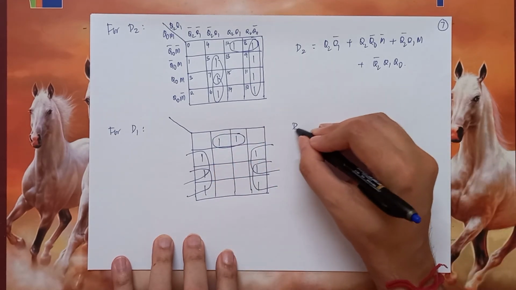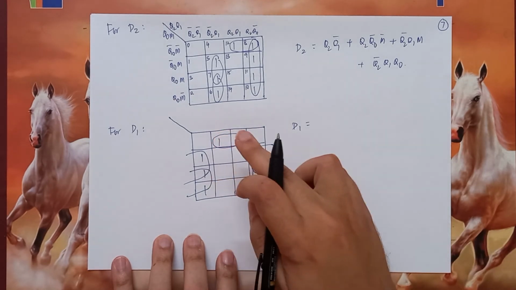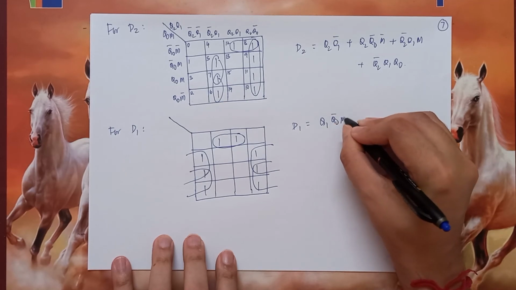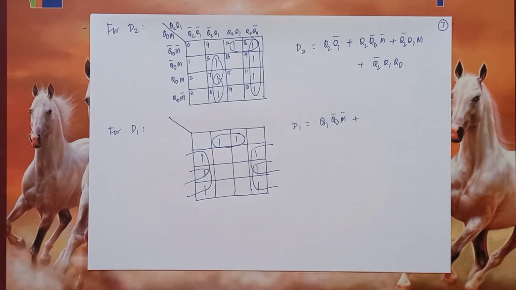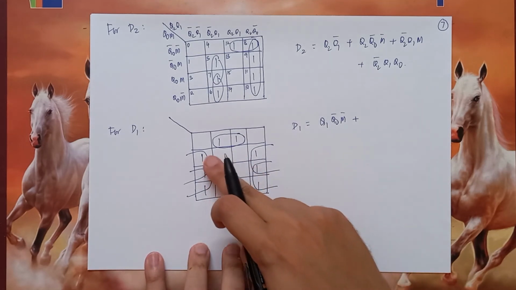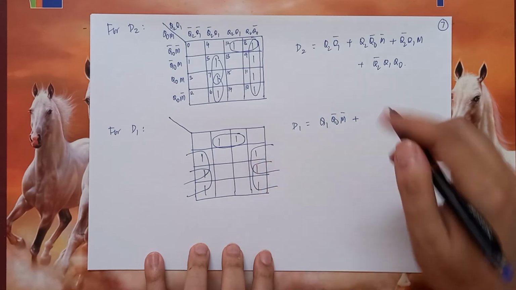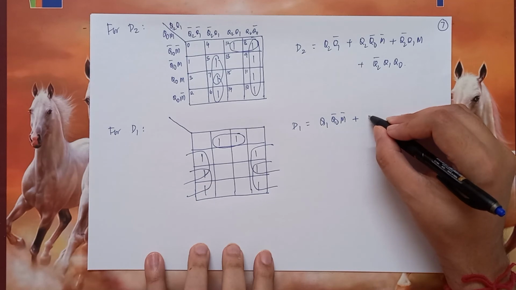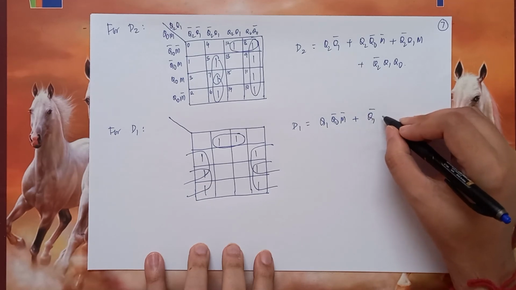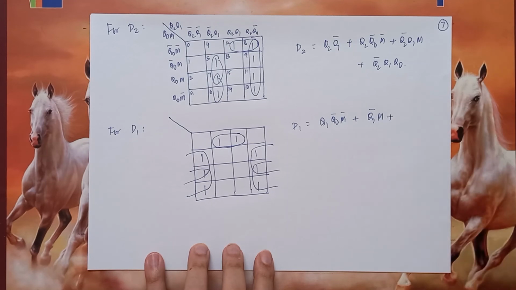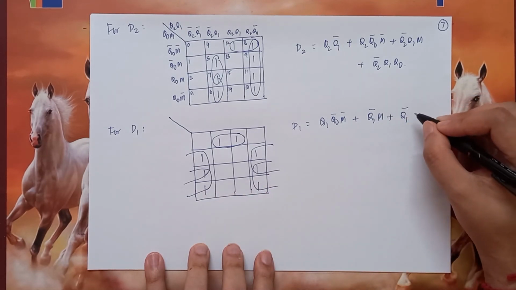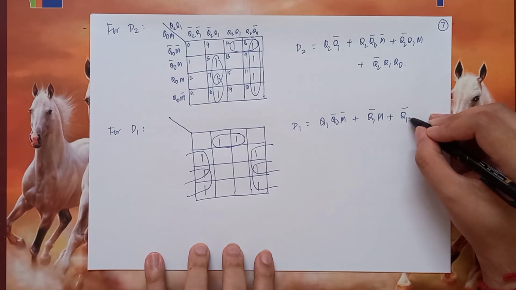So we can say D1 is equal to Q1 Q0 bar M bar plus Q1 bar M plus Q1 bar Q0.